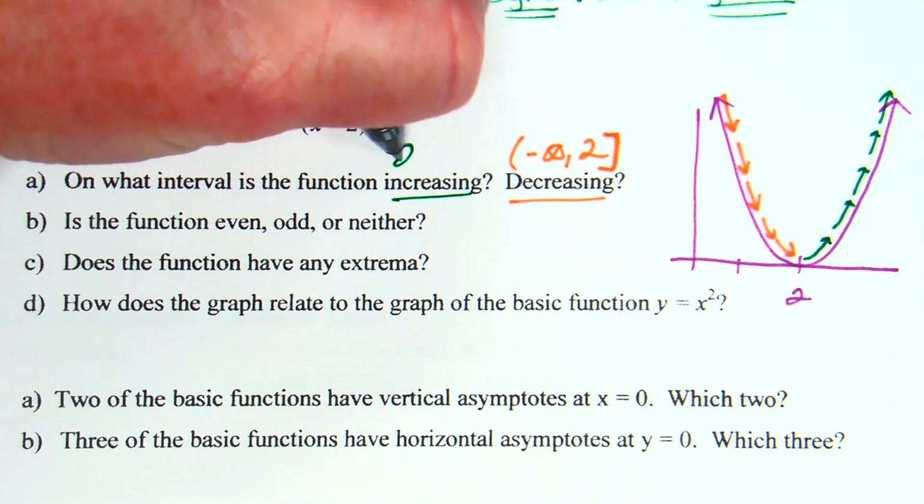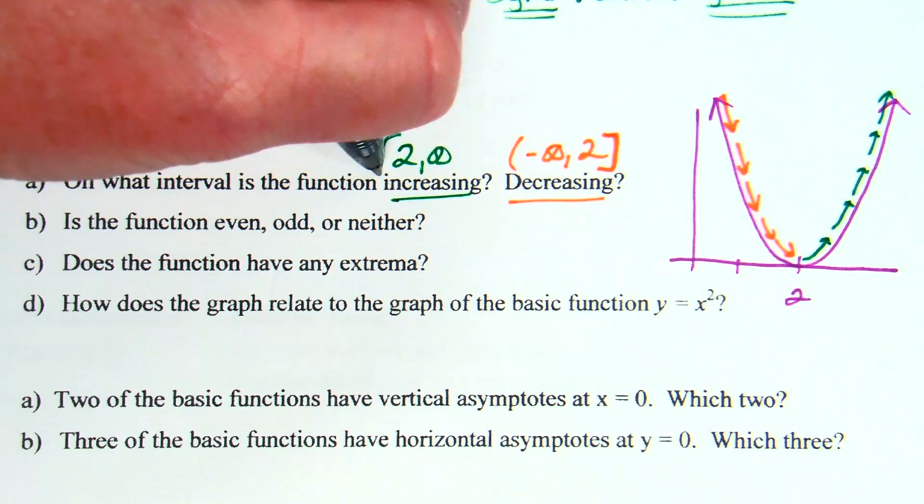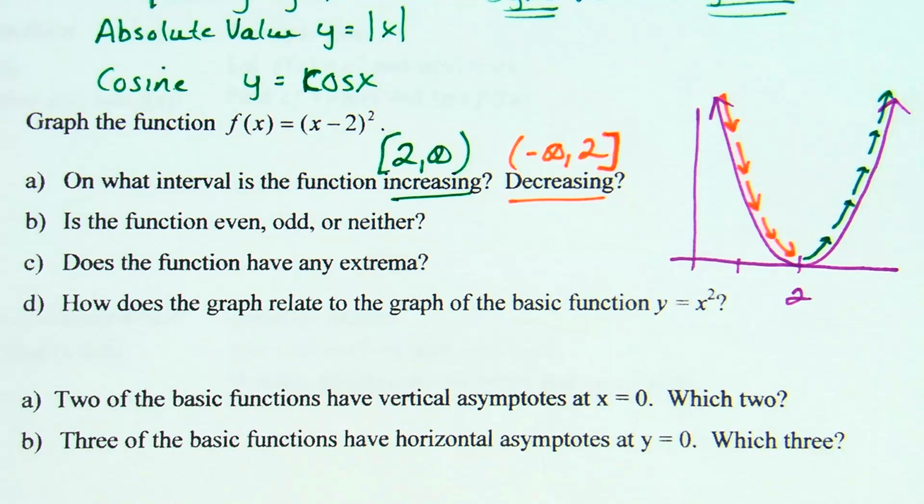When do I stop increasing? Never, so infinity. So we're going to say 2 to infinity. 2 has a bracket. Infinity always has a parenthesis. Okay, so that's one of the things you'll have to do in homework. You'll have a four-part problem like this.